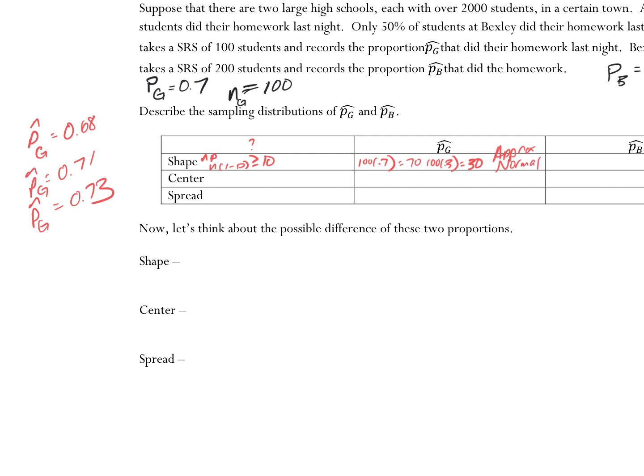What is the mean of the P hats for Grandview going to be? 0.7. It's just going to match that population proportion. What about the standard deviation of those P hats for Grandview? Big fancy formula, but we're going to do the square root of 0.7 times 0.3 divided by 100, a formula that will be provided to you.